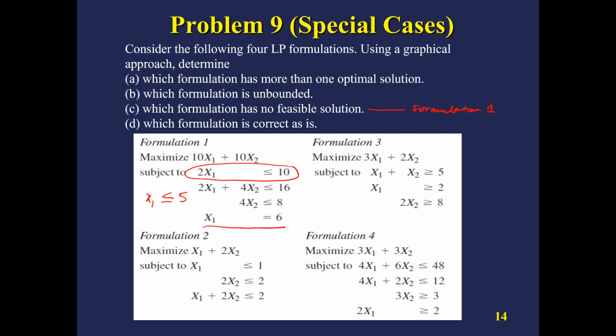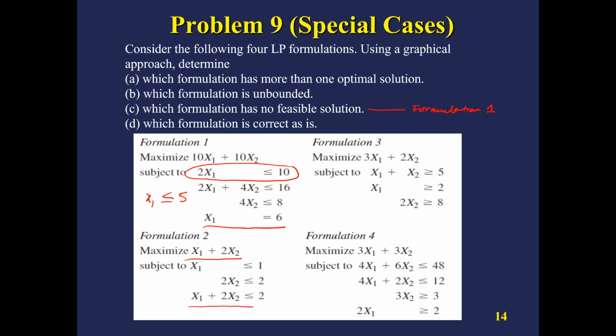Let's look at formulation 2. We have x1 plus 2x2, x1 less or equal to 1, x2 less or equal to 2, and x1 plus 2x2 less or equal to 2. By looking at this formulation, we can see that the objective function is maximization, and it has the slope of x1 plus 2x2, and the constraint has the same slope.